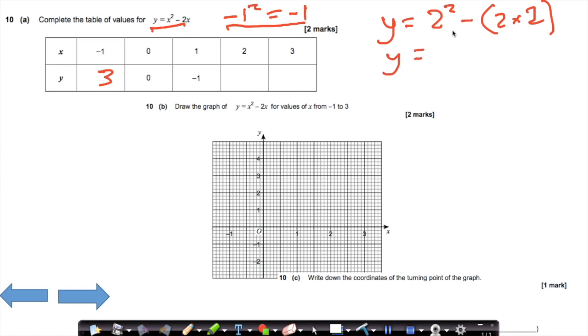So y equals minus 2 times 2, doesn't matter which order you do these in because they're separated by a negative, but to save confusion, let's do 2 times 2 first here, which is 4, and 2 squared, which remember 2 squared means 2 times 2, which is 4. So y equals 4, take away 4, which means that y equals 0.